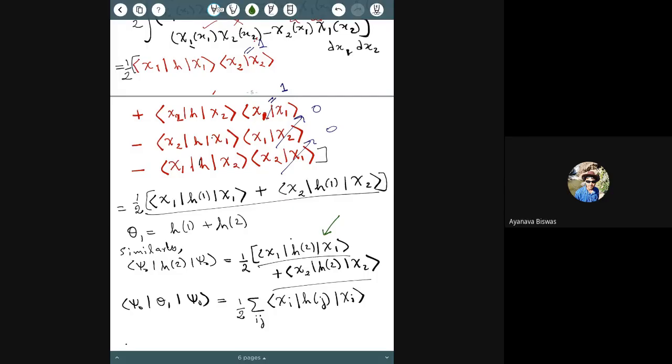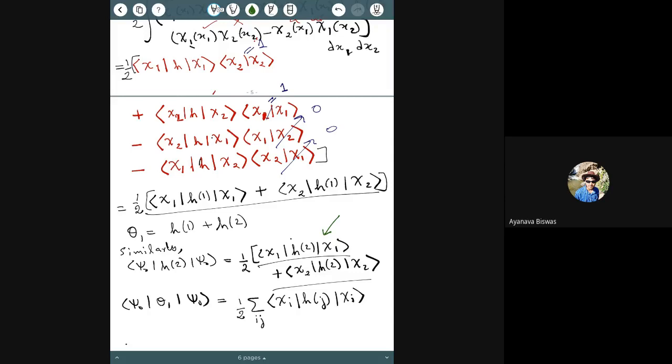I can only interchange it if I also interchange the left hand side. Isn't it? Or not? Yes or no?